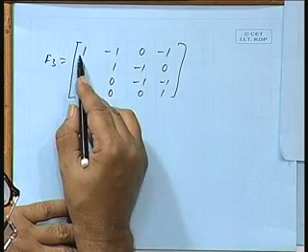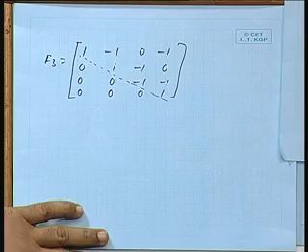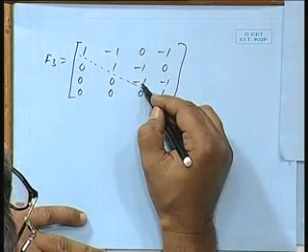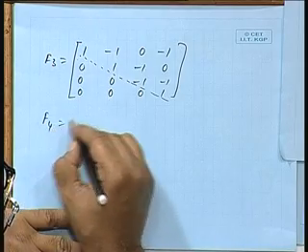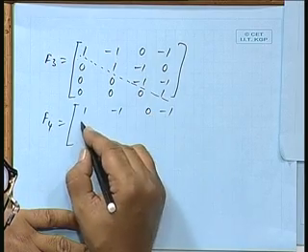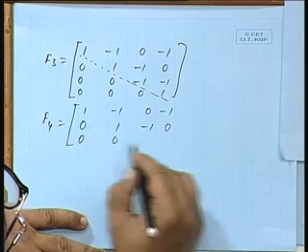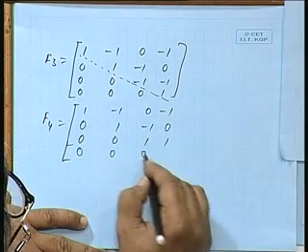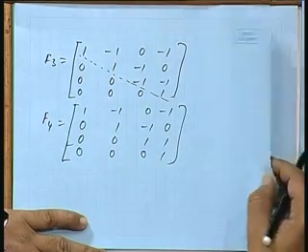Now, we have got almost diagonal elements as unity. If I just change the sign of this, F4 is 1 minus 1 0 minus 1 0 1 minus 1 0 0 0 1 1 then 0 0 0 1. Now, it is very simple.